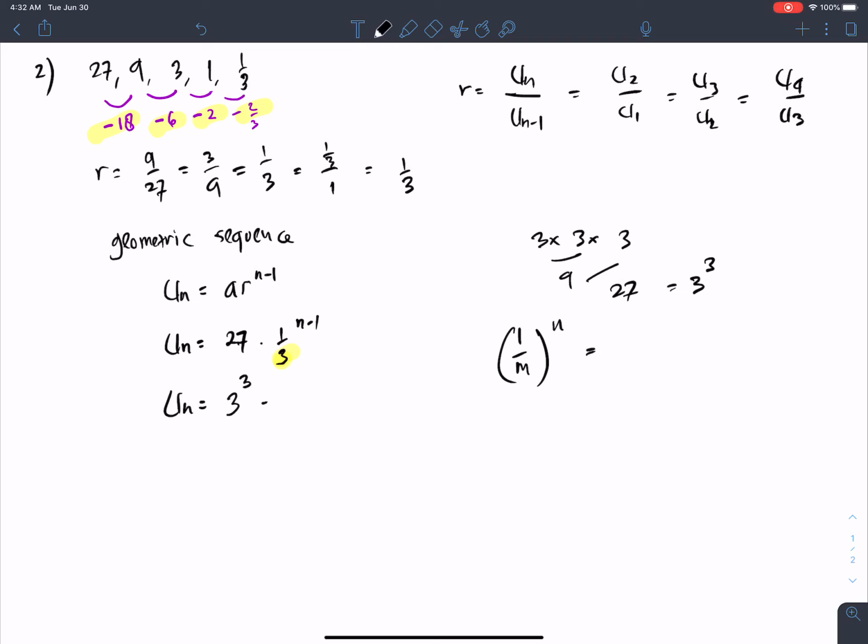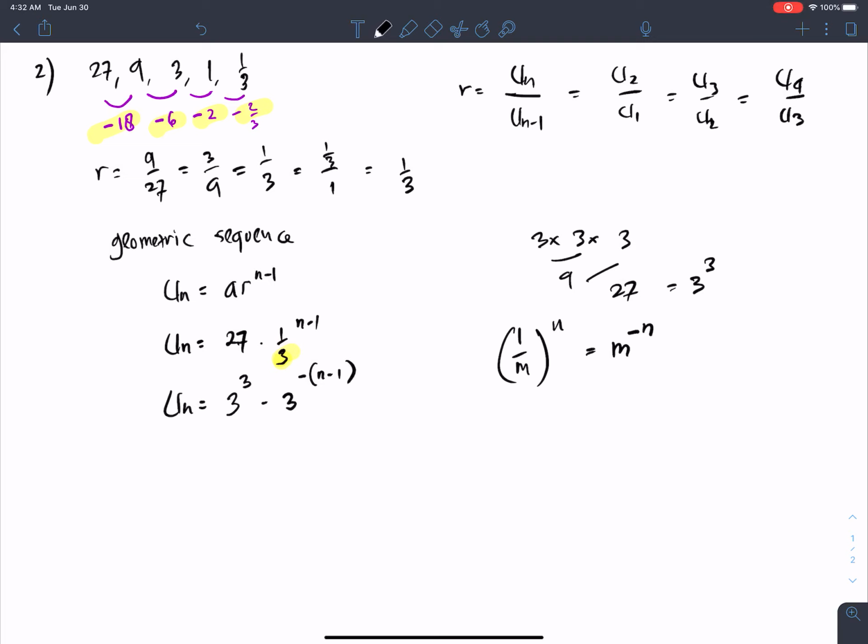If we change the position to the top, it becomes m to the power of minus n, so the sign is changed. So for this one, we get 3 to the power of minus n minus 1.